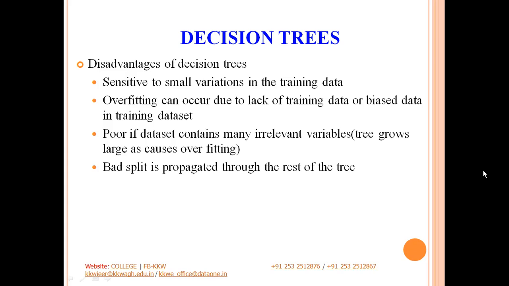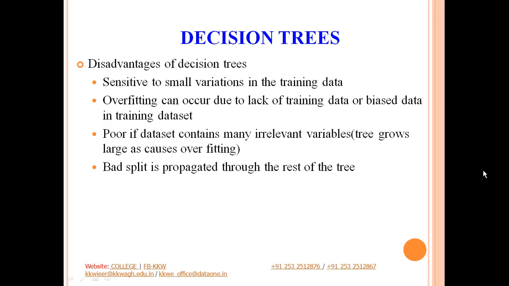Then one more disadvantage of a decision tree is if your data set consists of certain irrelevant variables, then the decision tree is not so good. If you choose such an irrelevant variable as your split variable or splitting attribute, there are chances that your tree will grow larger and larger, and again there are chances of overfitting.